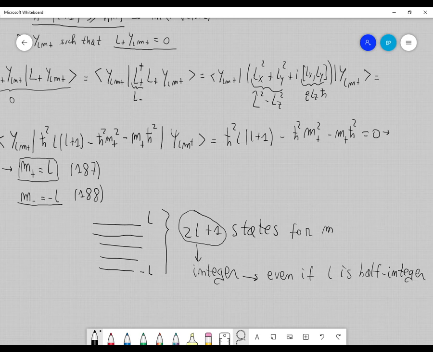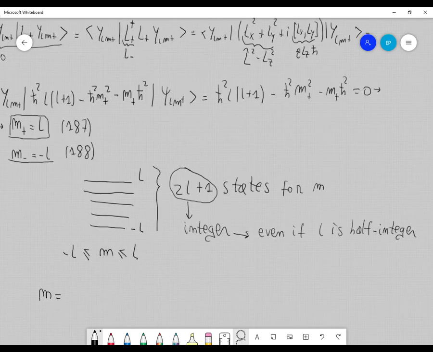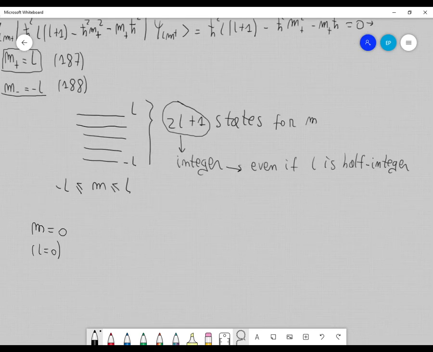So M is greater than or equal to minus L, but less than or equal to L. And so if we, for example, have L equal to 0, the only possible value is M equal to 0. So we have just one state. I can put it here.